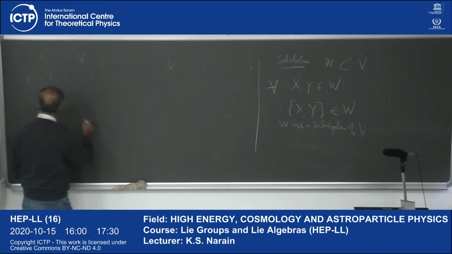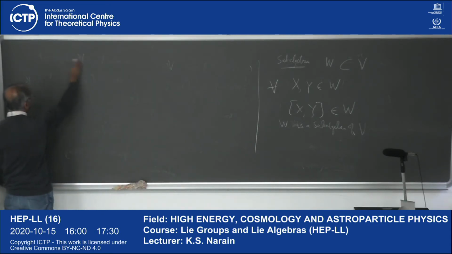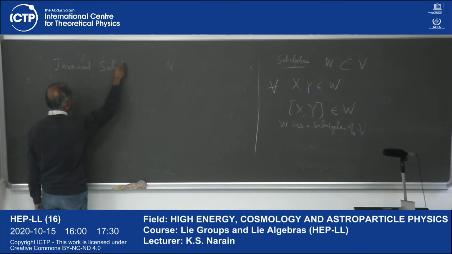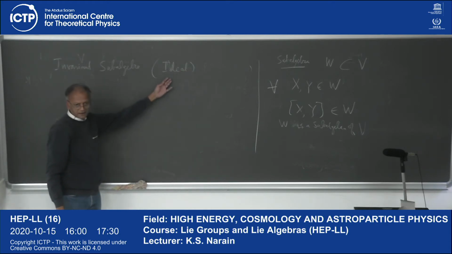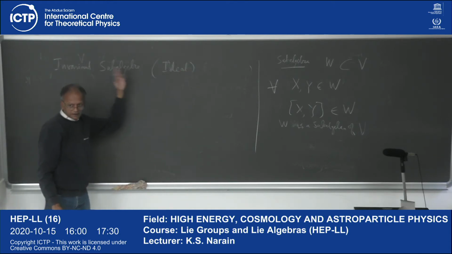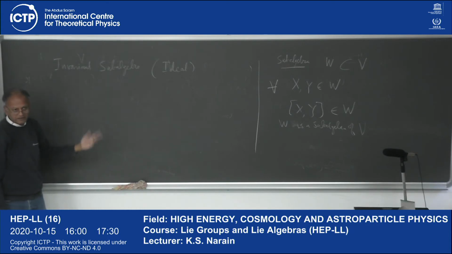Many times in the literature an invariant subalgebra is also called an ideal. It's the same thing. In some literature you will find the word ideal, in some you will find invariant subalgebra. They are the same.